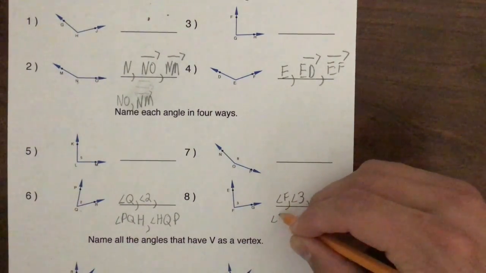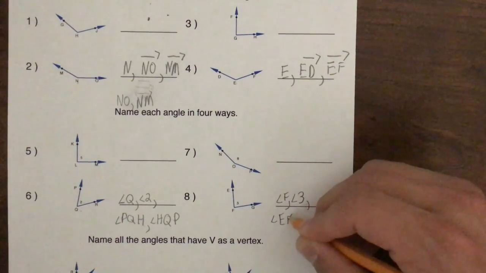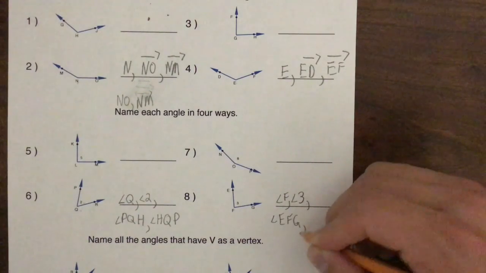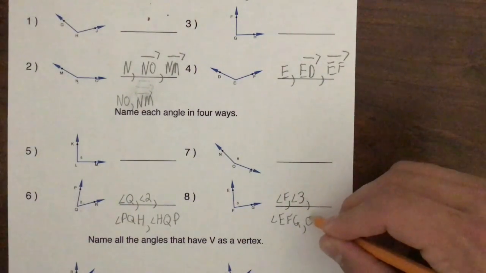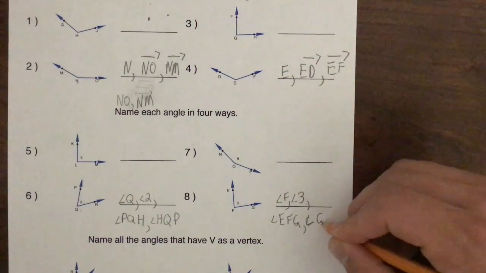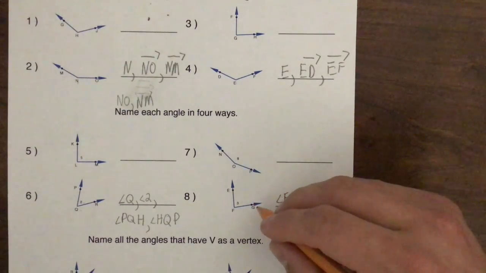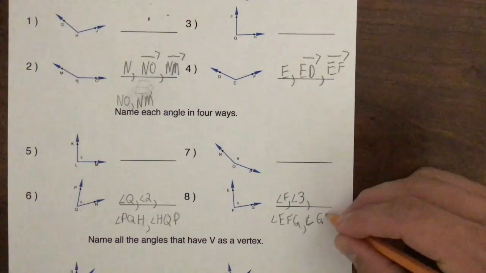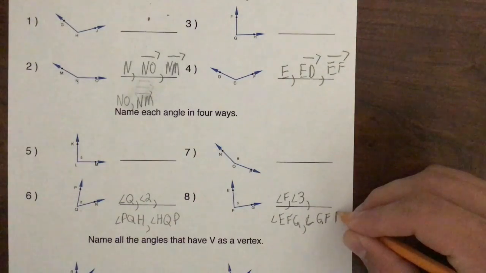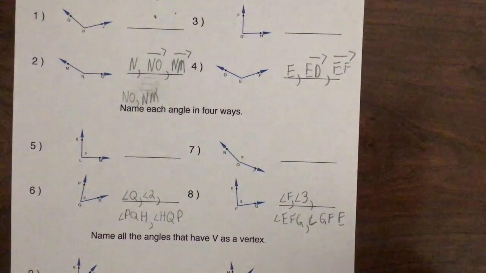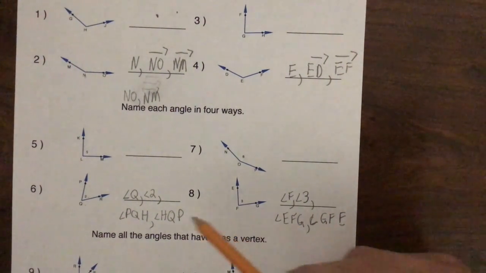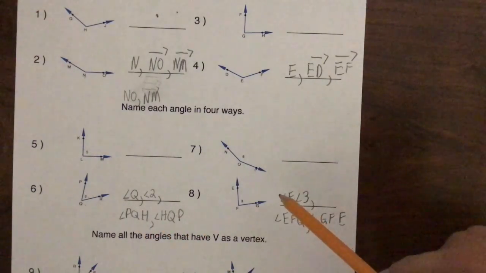So one can be EFG, and then another can be, we'll draw our little angle sign, GFE, because we'll start here and go G, F, E. There you go. So that's 4 different ways. 1, 2, 3, 4.